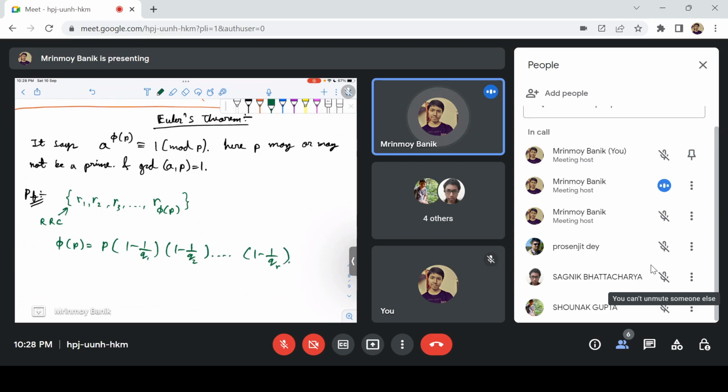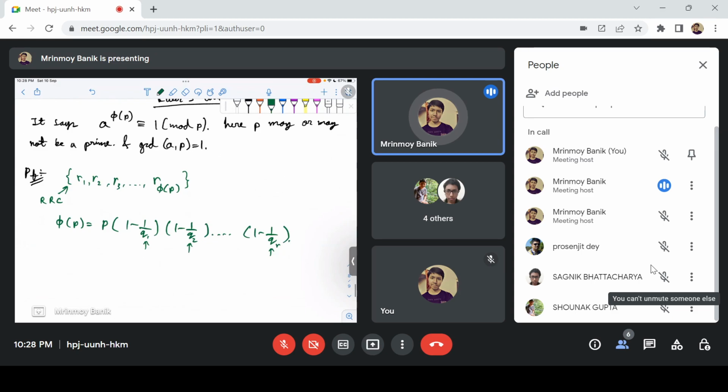So if P has r prime factors, q1, q2, q3 up to qr, then this formula gives the value of Euler's totient function of P. So where does this formula originate from? Well, it comes from the principle of inclusion exclusion.